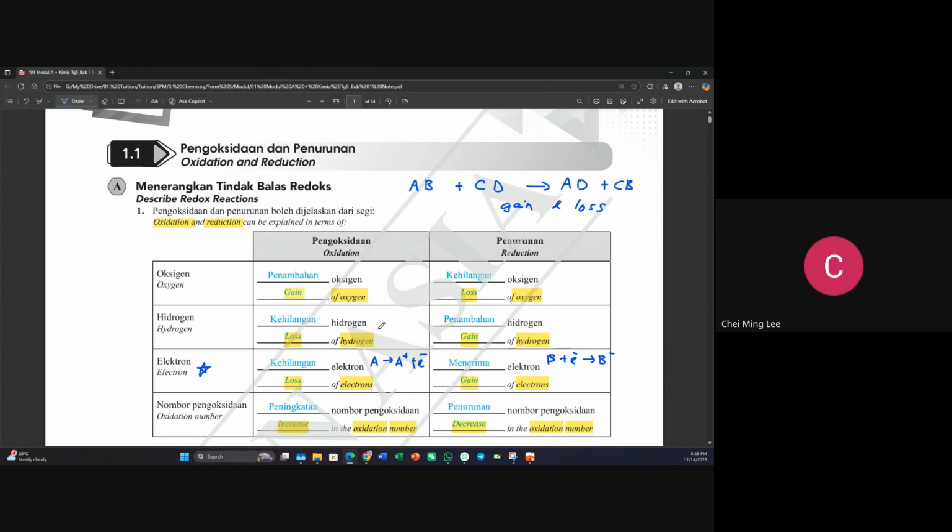Means that normally the element of atom will be like A only, so the oxidation number is 0. But after it releases, it becomes plus, means positive 1.